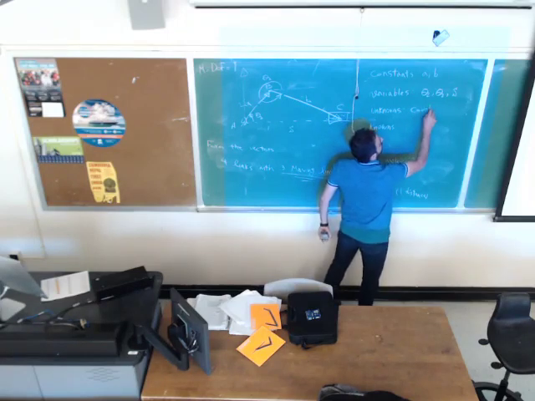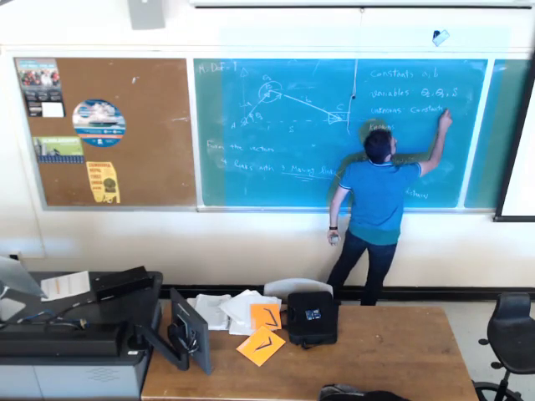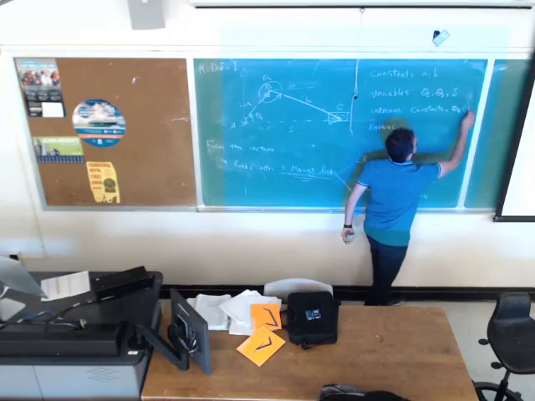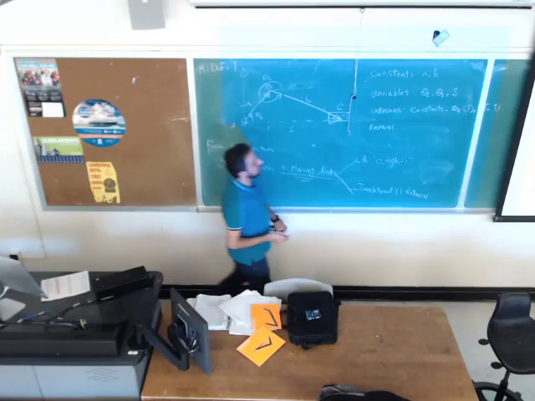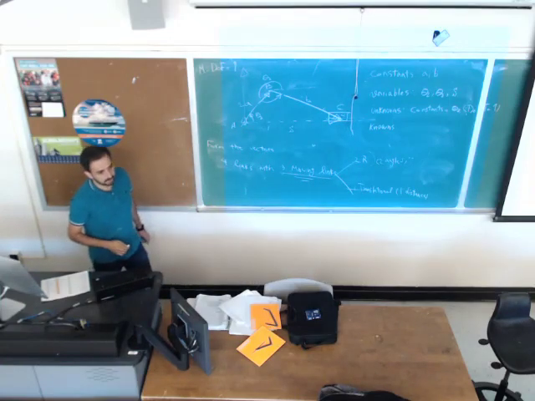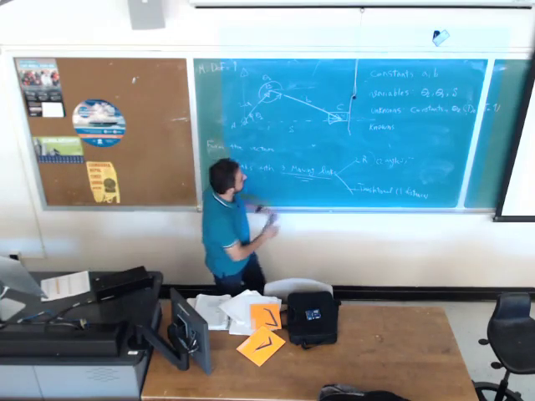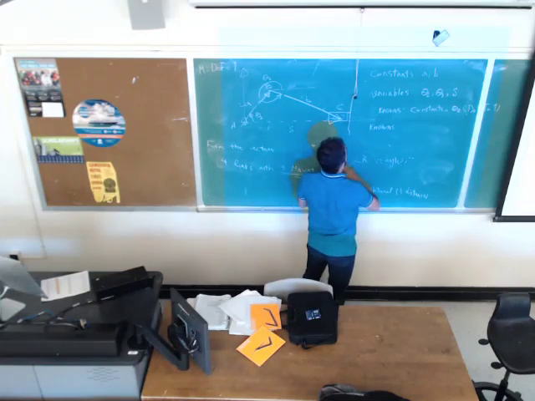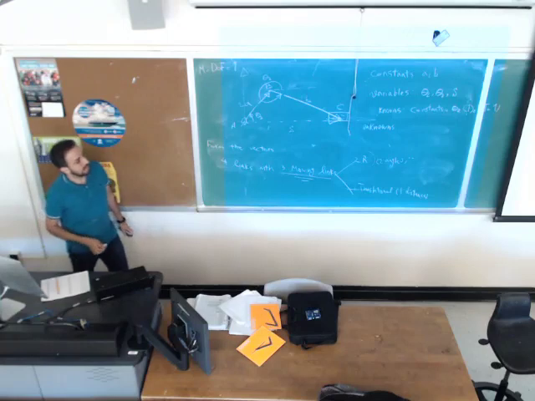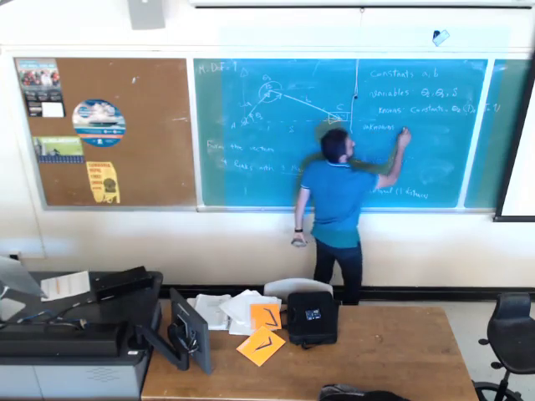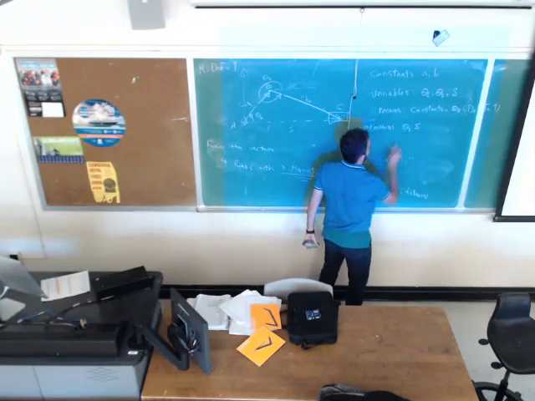So known would be constant, because you can measure that, plus theta 2. Degree of freedom is 1. Should that be known? Known, sorry. Thank you. And we are solving for the unknowns, which are theta 3 and S.